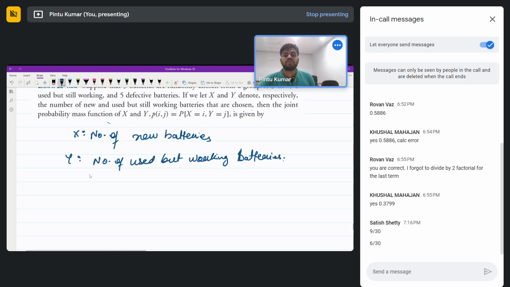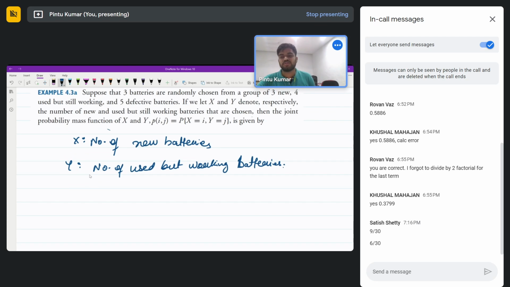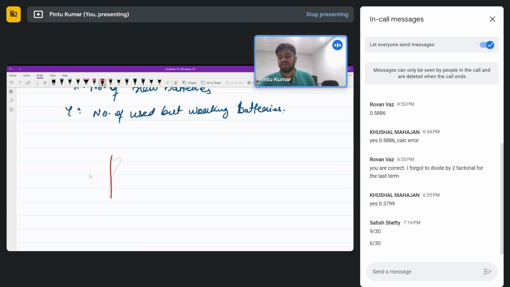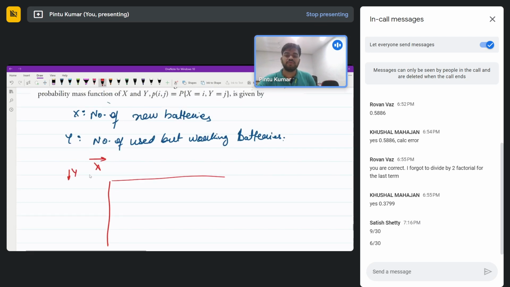Now you have 3 batteries. Let's try to draw a table for this PMF. If this is my X and this is my Y, X can take values 0, 1, 2, 3 because we are drawing 3 batteries, and Y can also take the values 0, 1, 2, 3.